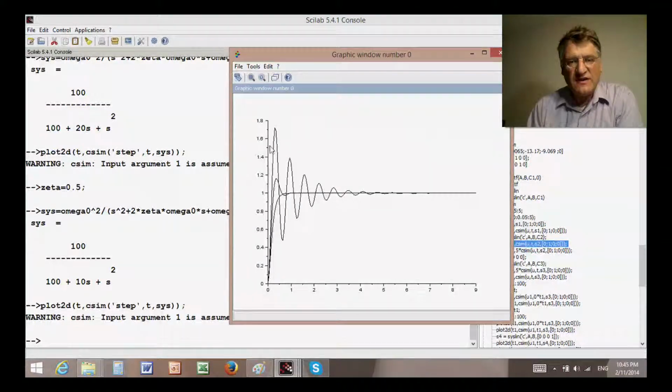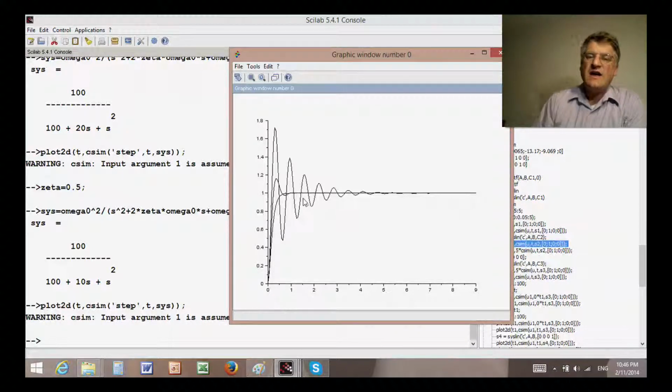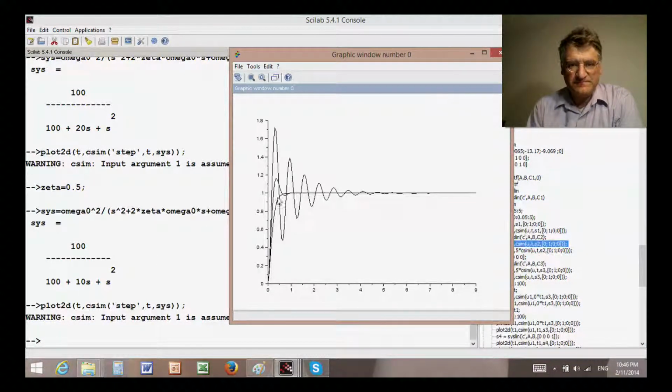Now the nice thing is that as we change zeta, what's called the natural frequency of the system doesn't change much, and so we can plot on the same plot the response for different values of zeta, and compare them together. And among other things, we see that the time response doesn't change much.